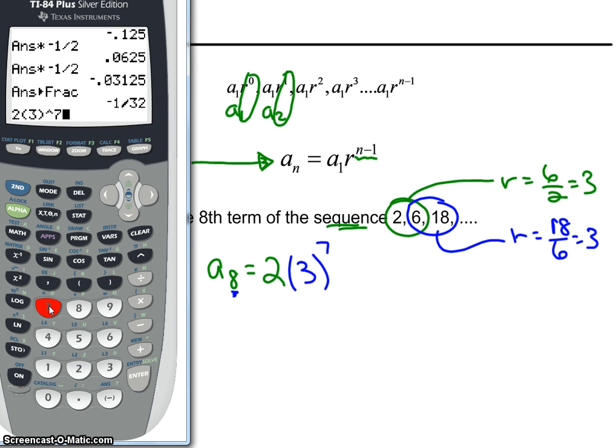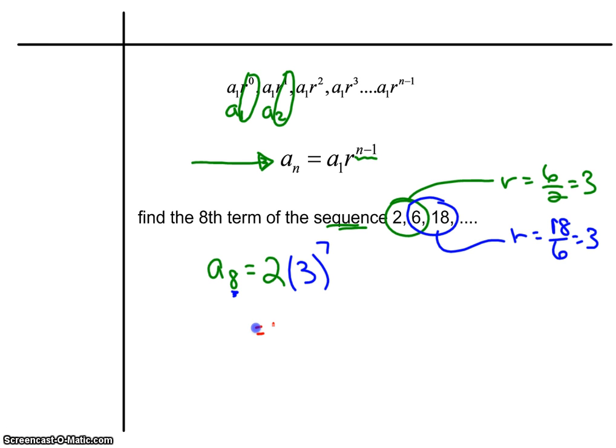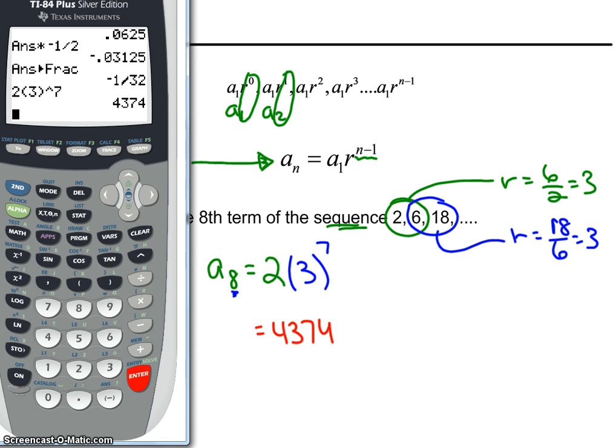So again, I'm going to type it in the calculator just like I see it. So my 8th term is 4374. Just to show you, 2, my start point, times my common ratio 3. There's my second, third, fourth, fifth, 6th, 7th, 8th term.